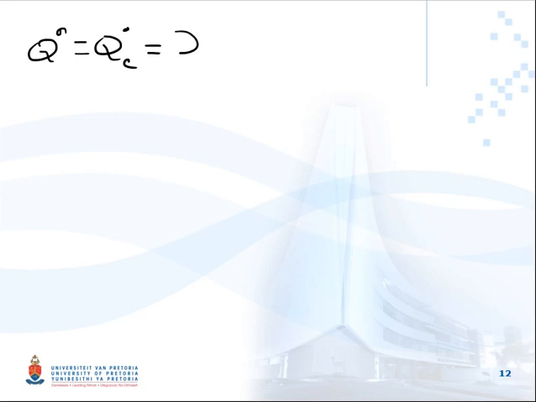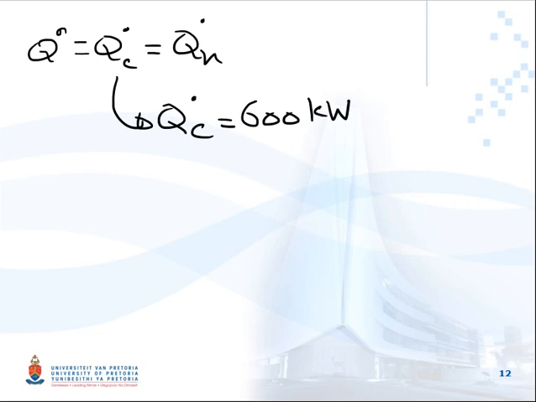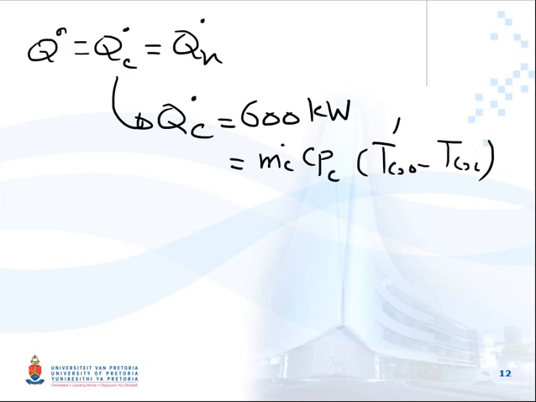So Q dot C is equal to Q dot H, but we know that Q dot C is equal to 600 kilowatt, and it's equal to m dot C times Cp C times (Tc out minus Tc in). Tc out, we have it, yes, 90 degrees.